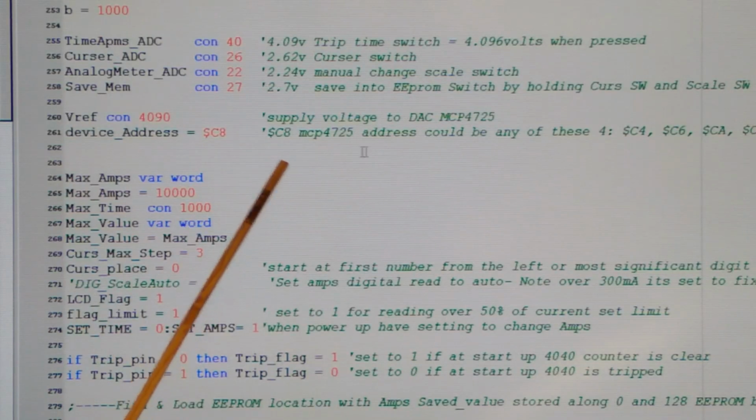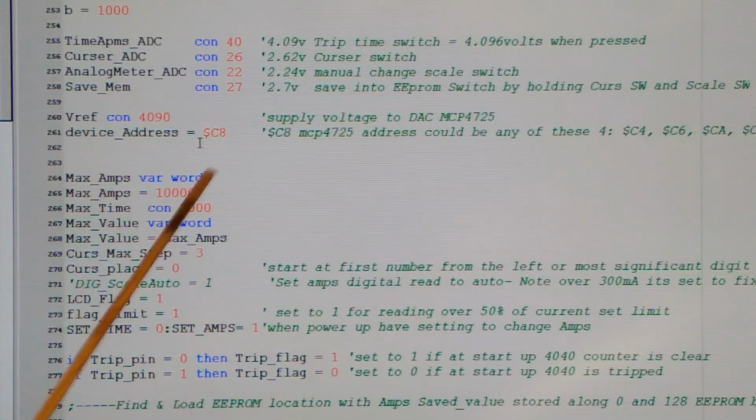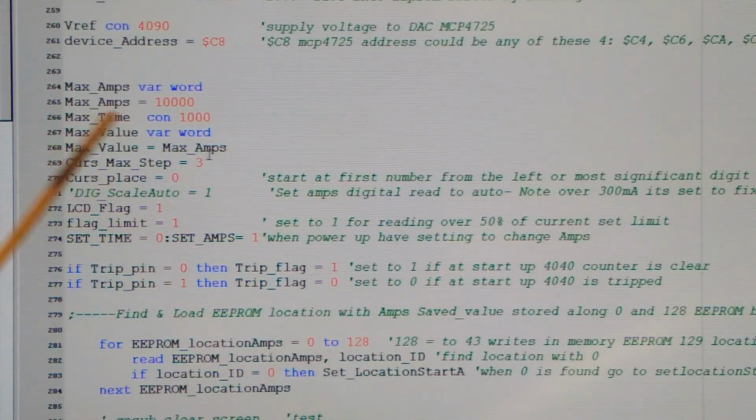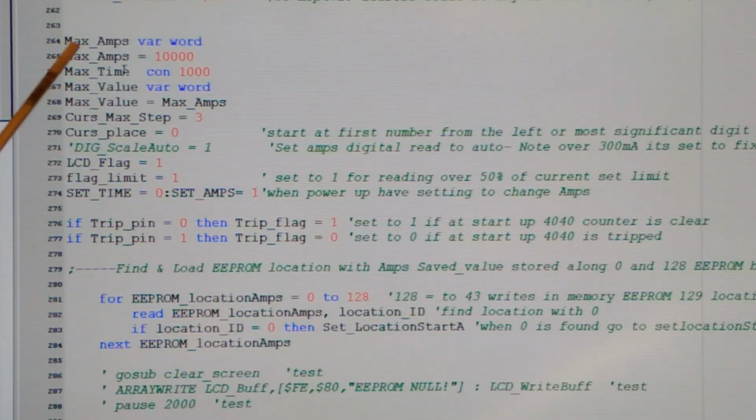For talking to the I2C bus, it needs the address, name, number. Okay, I've set up variables here, max amps, and max time, and all that.